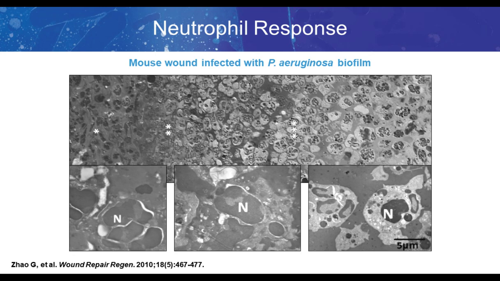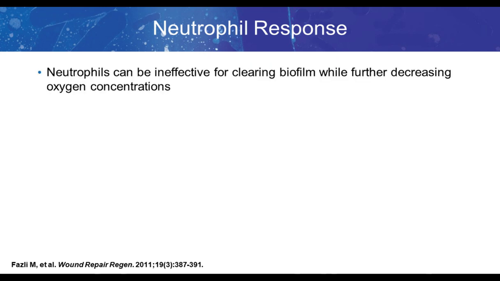However, they're not very effective at clearing biofilm. So that's another way in which the biofilm can cause reduced oxygen within the wound. So in summary of that, neutrophils can be ineffective for clearing the biofilm, but they still have the effect of further reducing oxygen concentration.